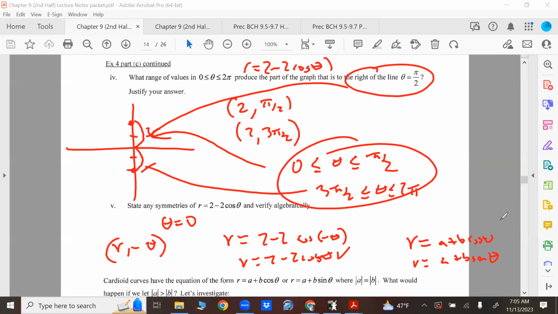And we saw that for the stuff we did earlier as well, when we had limacons that had the little loops. And for limacons, we noticed that the absolute value of the constant they were adding to the trig function was less than the coefficient of the trig function.